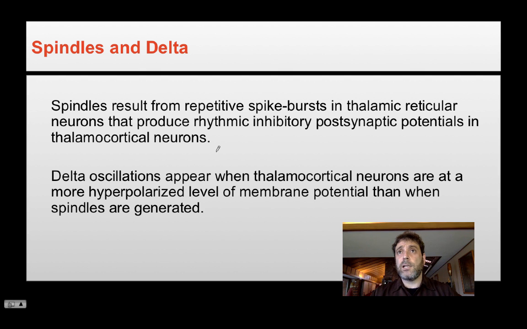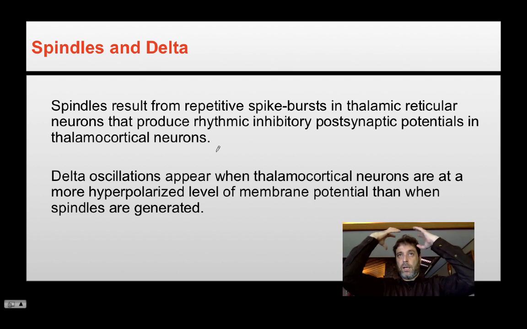The delta oscillations can be locally generated in the cortex, but they can also be generated in reticular neurons associated with the thalamus and in thalamic cells as well. And these delta oscillations are typically incoherent across the cortex, so you might get delta waves all across the cortex, but they tend not to be synchronized in time.